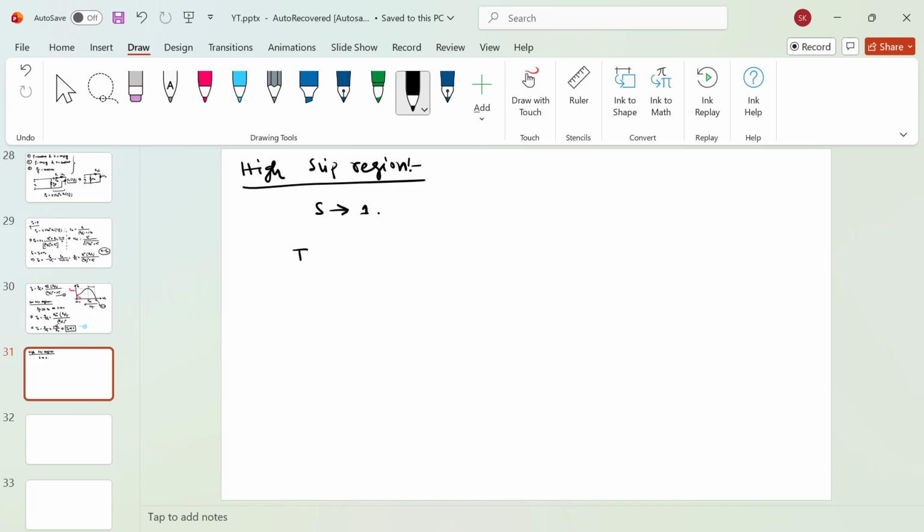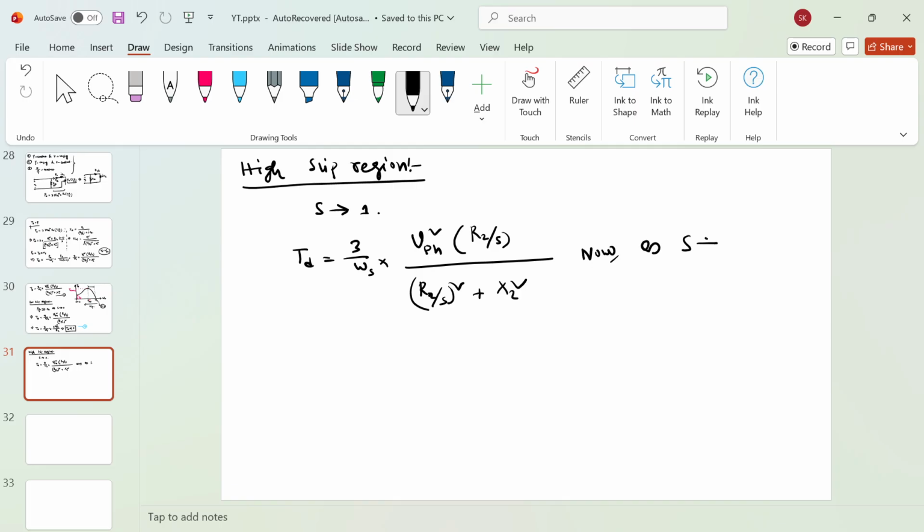What you had for the developed electromagnetic torque is 3 by omega s V phase square R2 by S, divided by R2 by S whole square plus X2 square. Now as your slip is close to 1, R2 by S is much less than X2.